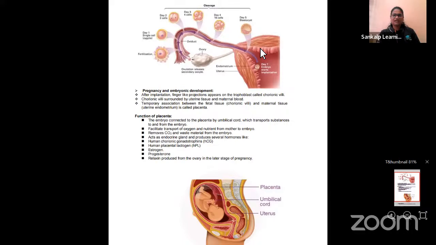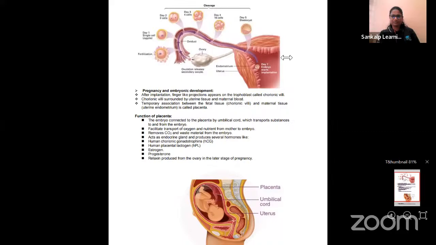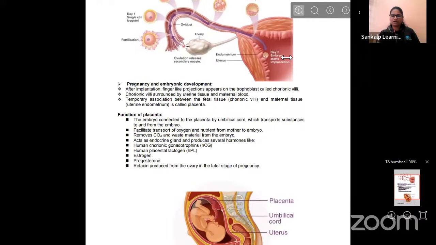Okay, Spandana. Start reading, Spandana. Functions of placenta. Read it. Don't worry regarding the background disturbances. I can hear you.